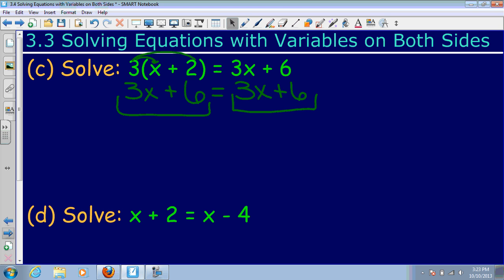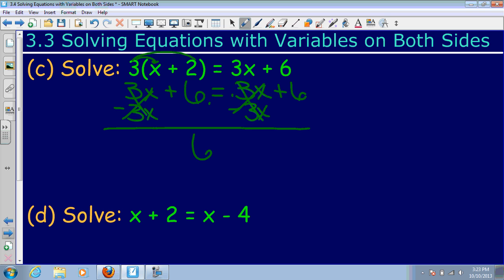I'm going to walk you through the solution part of this, and let's see what we end up with. So if I subtract 3x here, because it's positive, bring it through, and I subtract 3x here, that cancels. Oh my goodness, this cancels, so I'm left with the fact that 6 equals 6.